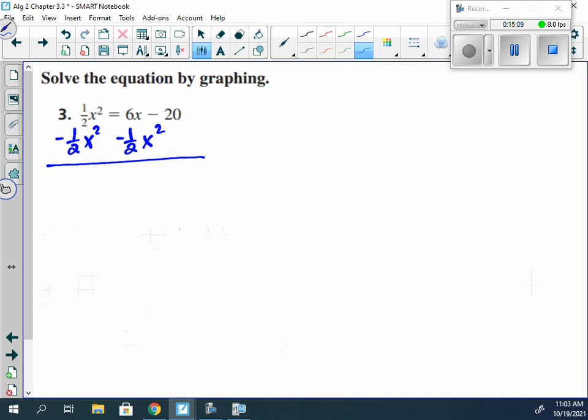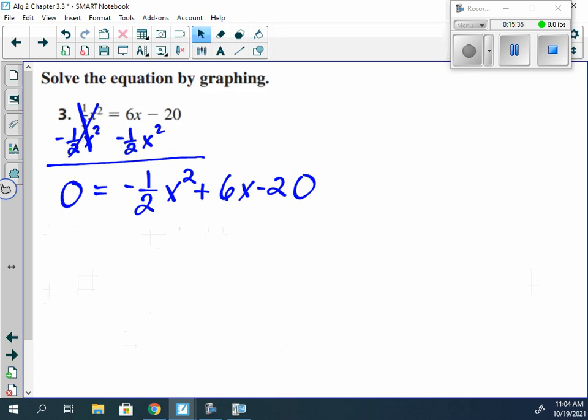It's 1/2 x squared minus 1/2 x squared. These will both cancel, telling me that I have 0 on the left-hand side. Now, the 1/2 x squared is not a like term with 6x or 20, so we can't combine anything. We can just put it out front, negative 1/2 x squared plus 6x minus 20.